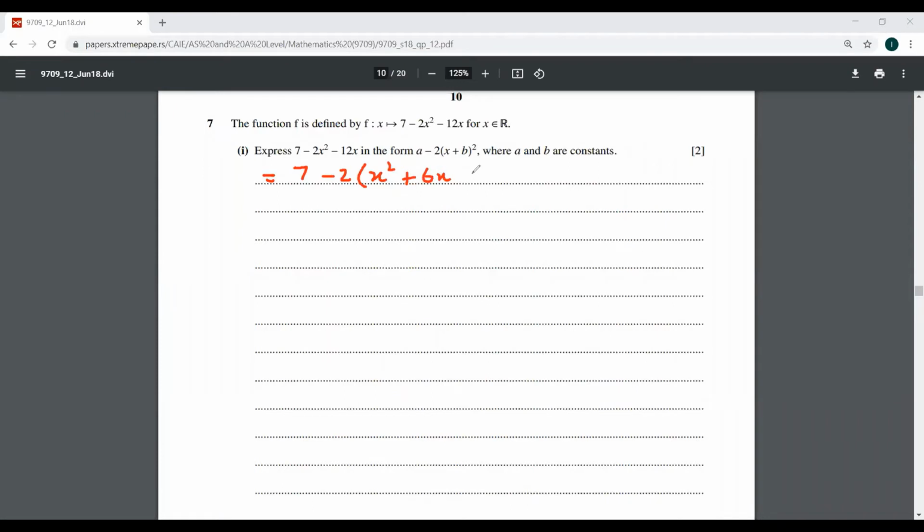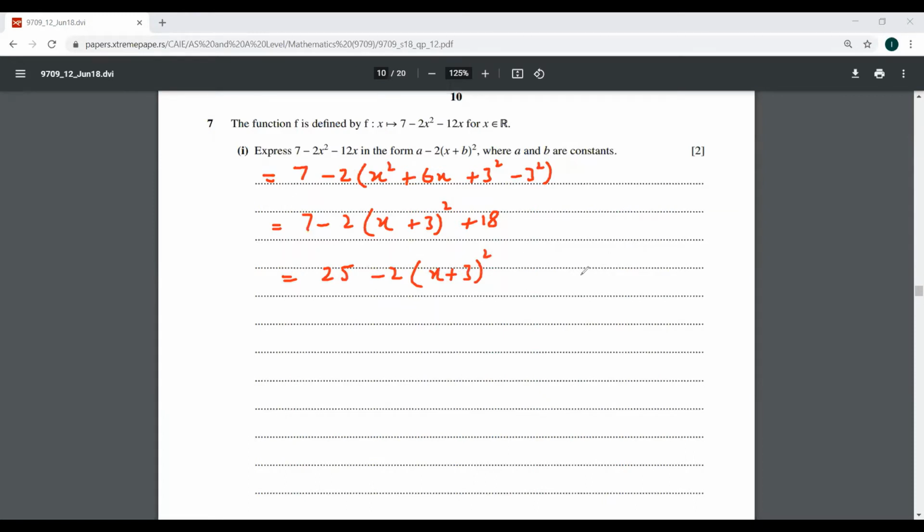So I'll be writing a plus 3 square and a minus 3 square to complete the square. 7 minus 2 into x plus 3 whole square. We need to throw this minus 9 out. So minus 2 into minus 9 will be plus 18. So this is 25 minus 2 into x plus 3 whole square.